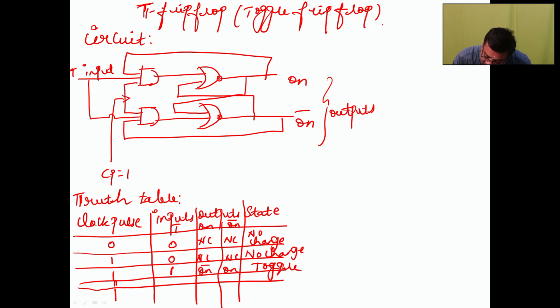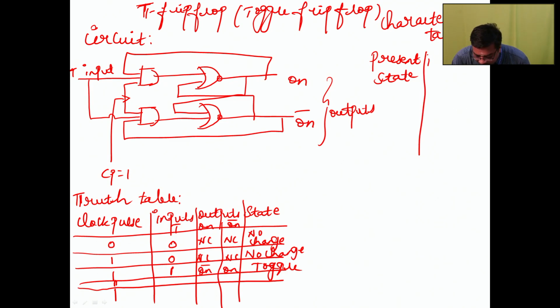And next, the characteristics table. Present state, input (that is the flip-flop input), and next state Qn plus 1.